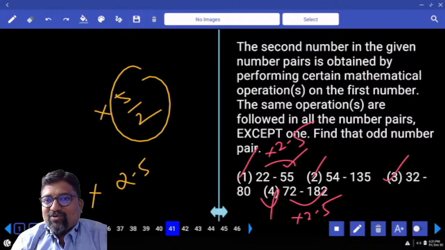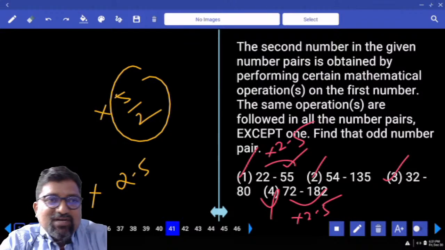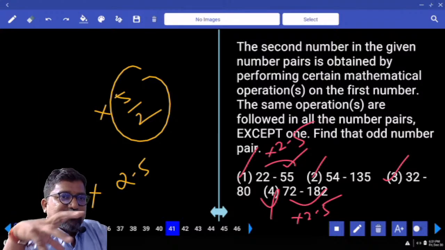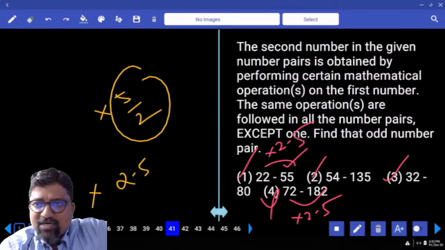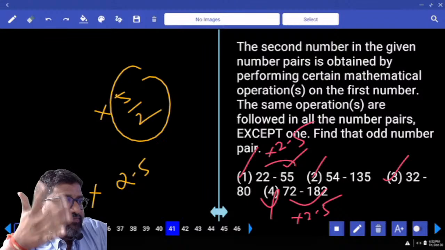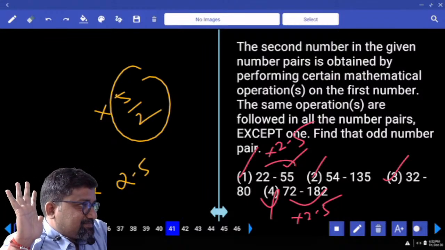When first three are following the same rule, obviously there should be one wrong answer. It is that. అవునా కాదా? Clear? So into 2.5, into 3.5, into 4.5 we have already learned, and multiplying 1.5, 2.5, 3.5 is the easiest task for us. Yes or no?